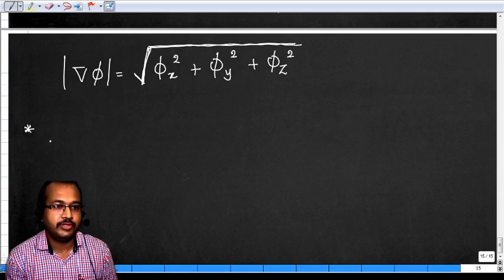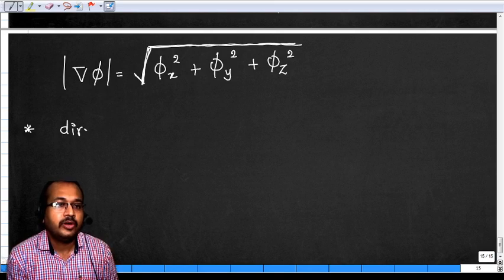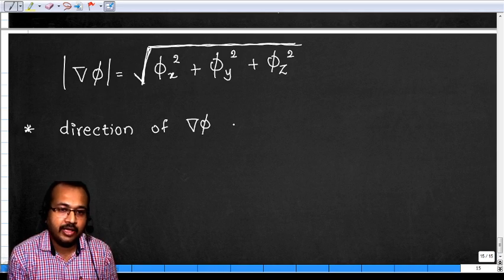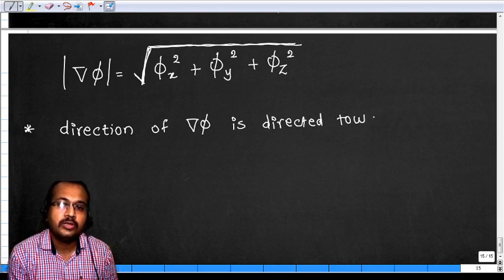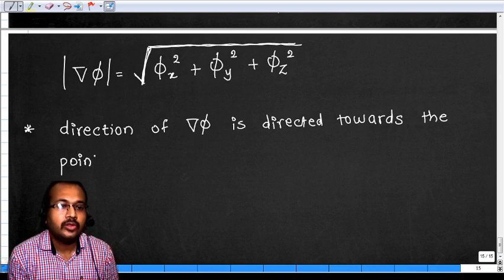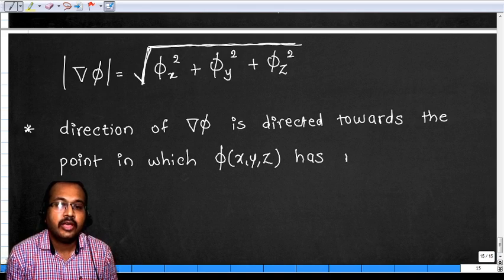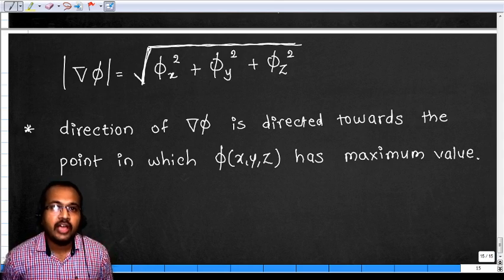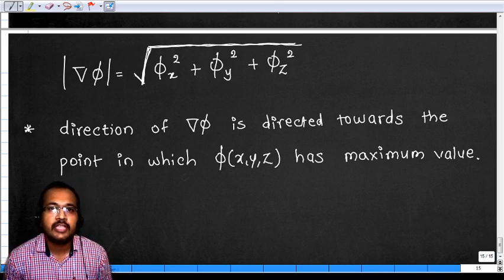And the next important observation geometrically is the direction of the gradient vector del phi is directed towards the point in which phi of x, y, z has a maximum value. Means the direction of the gradient vector is always directed towards the maxima of the scalar function.